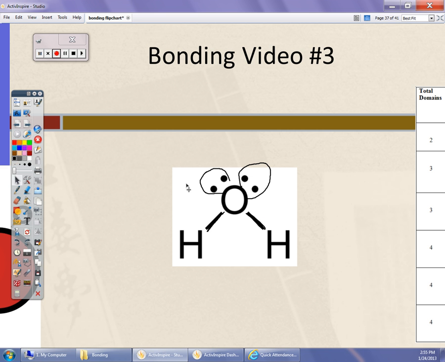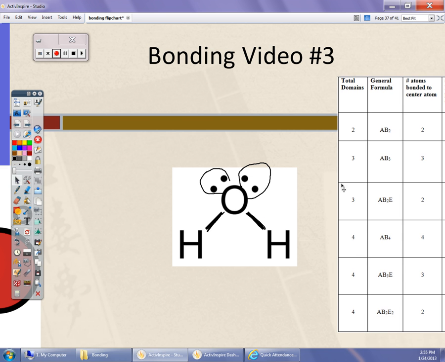These are called the 4 domains. So as you can see here, domains. These are the regions where you have electrons that need to spread out. There are 4 different ways that you can do this. This one, though, is a mixture of bonds and unshared electron pairs. So domains is just equal to the number of atoms that are bonded plus the non-bonded ones.